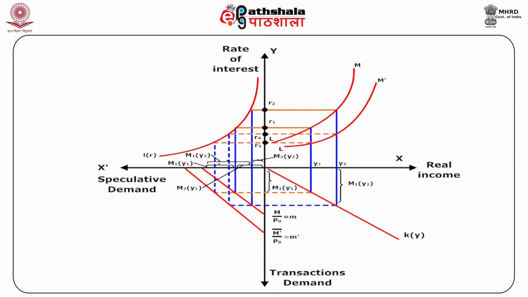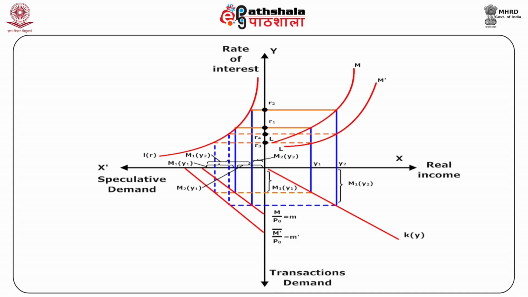So, the supply of real cash balances has expanded from small m to small m prime, and this shows that there is an equation in the money market which has to be retained, that is the equation between the supply of real cash balances and the demand for real cash balances.